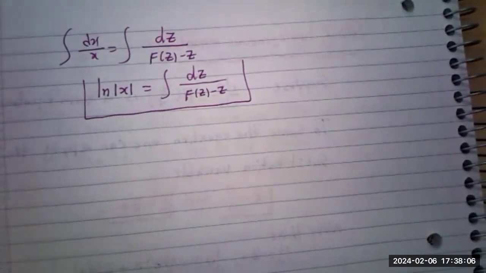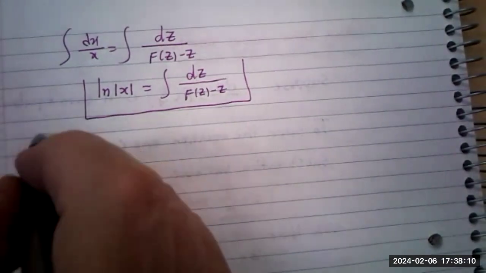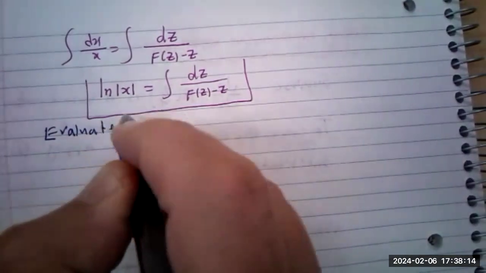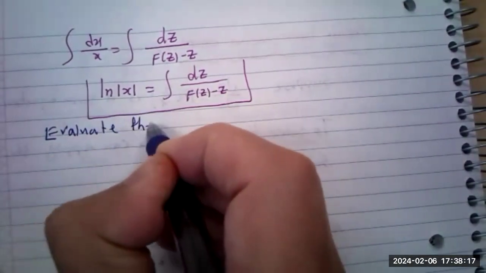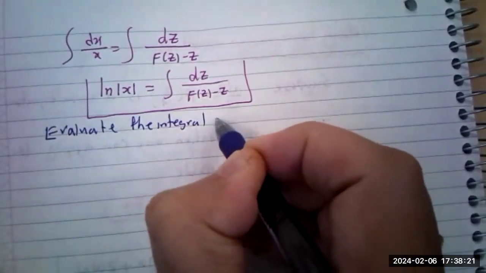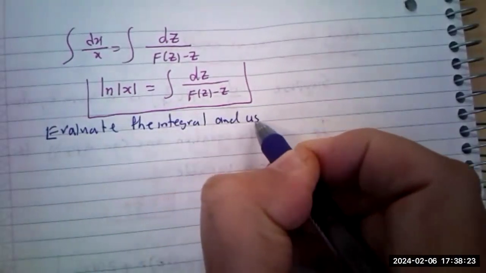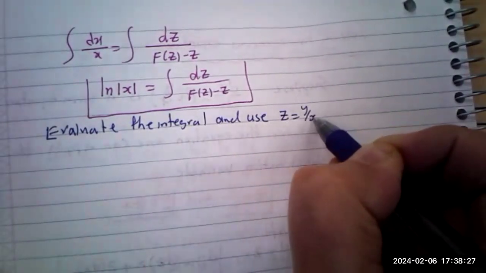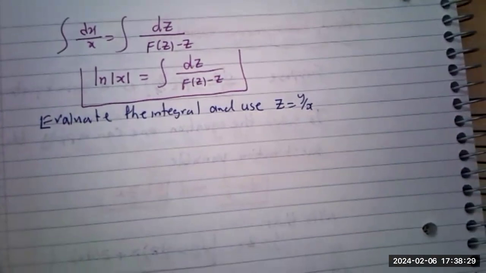So the instruction is going to be, we are going to evaluate the integral, using the fact that z equals y over x. When you find it at the end, your integral will depend on z, and you have to substitute for z.